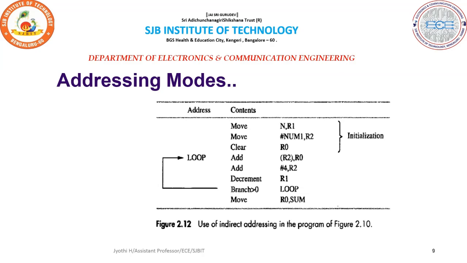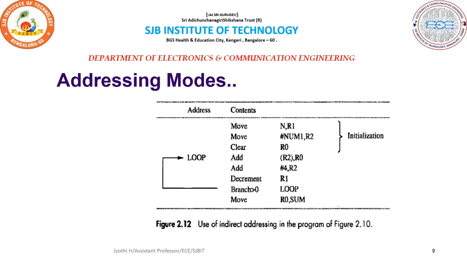Clear R0, and the content of R0, which is 0, gets added with R2. If it is 16, the initial number is 16 plus 0, next it is 16 plus 16, next 32 plus 16, and so on. So add 4 times with R2. The loop is created to add 4 times, and every time we decrement the counter. Here the number 4 is held in R1, which acts as the counter.